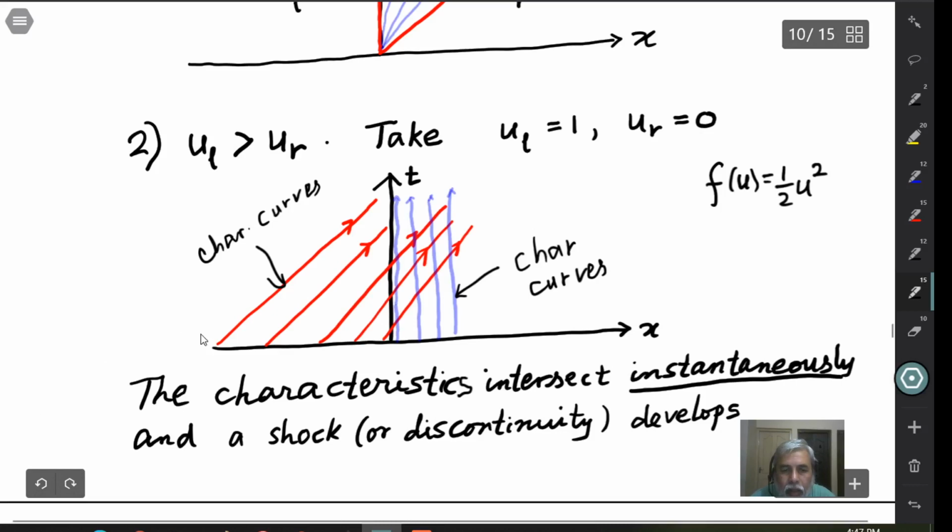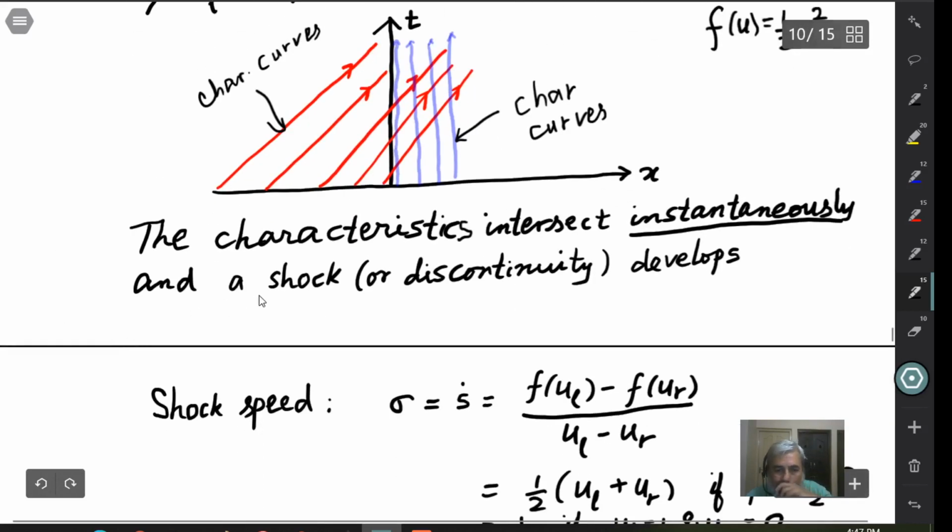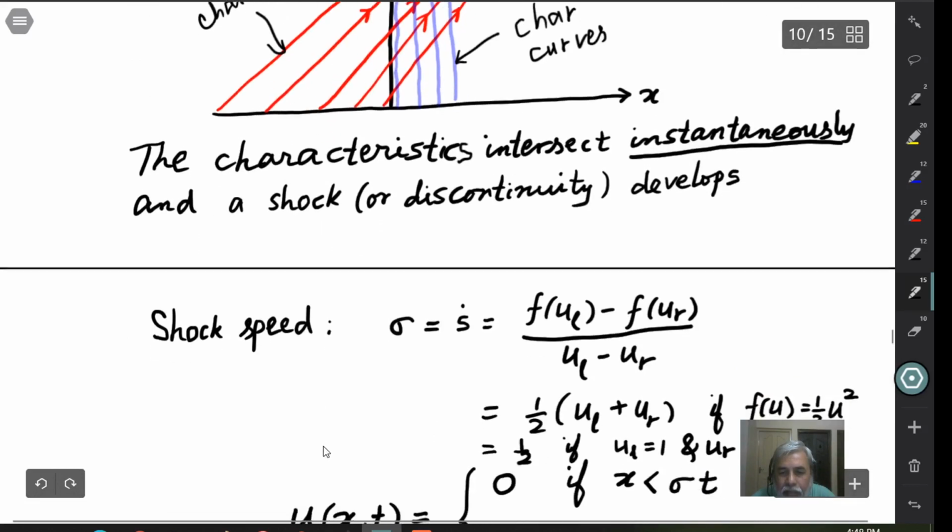Okay, so we have to fit in a discontinuous curve so that we obtain a solution of the given initial value problem. And for that, what should be the line of discontinuity or curve of discontinuity? We have already seen that it has to satisfy the jump condition.